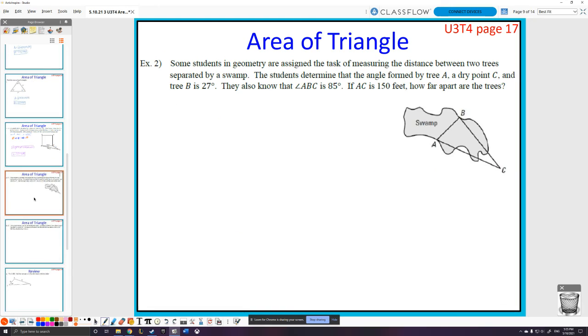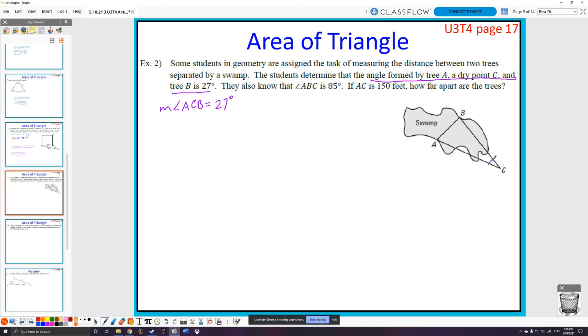Okay. Another one, a student geometry guy is assigned a task of measuring distance between two trees separated by a swamp. The student determined the angle formed by tree A, dry point C, and tree B is 27. Notice that this is the same thing as saying the measurement of angle ACB is equal to 27 degrees.